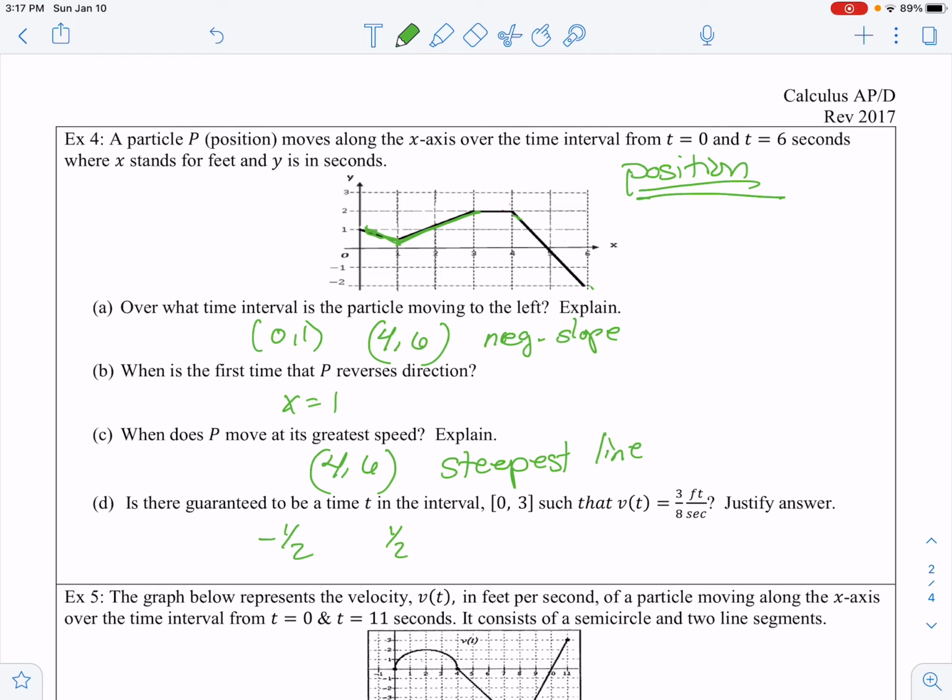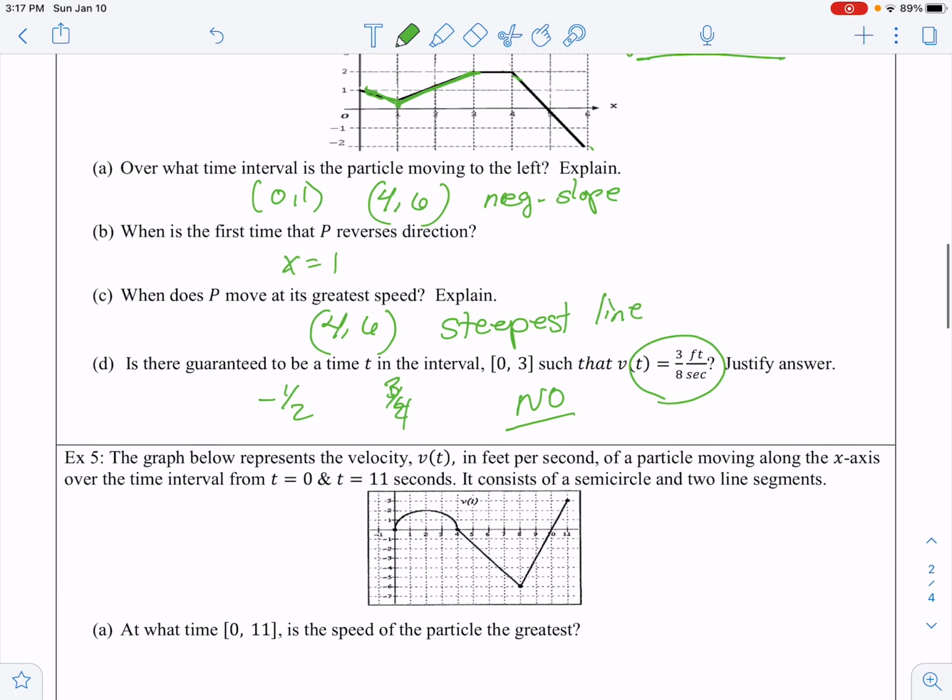Is that right? It went up 1.5 over 2. So 3/2 over 2 is 3/4. Okay, so that's 3/4. No, because the velocity is constant. It's the slope of the line, so no. Okay, I think they meant for that to be a velocity graph, and then the answer would be yes.